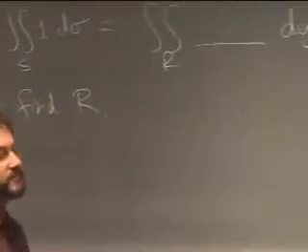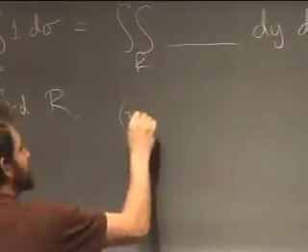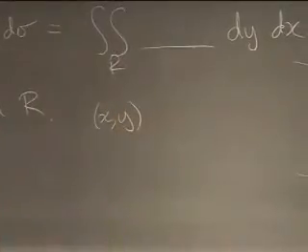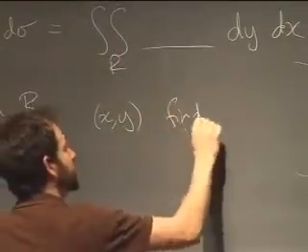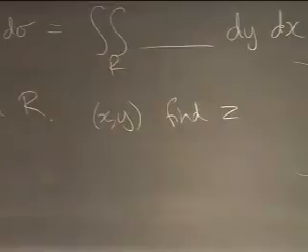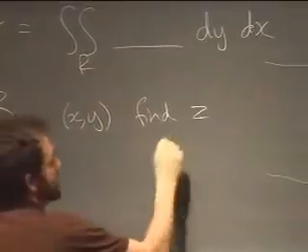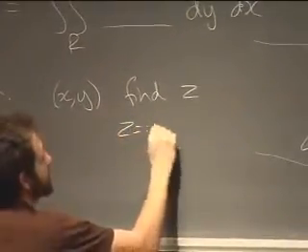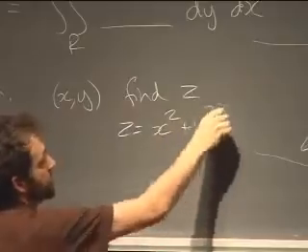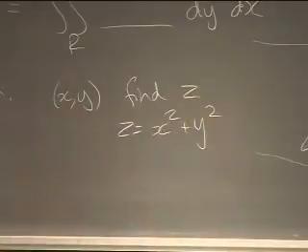So what I'm going to do is pick a point xy and find z. Well, we know what z is. Actually, z equals x squared plus y squared. No problem, it's given in the equation. We don't even have to solve for it. So we just have to work out which x's and y's are acceptable.